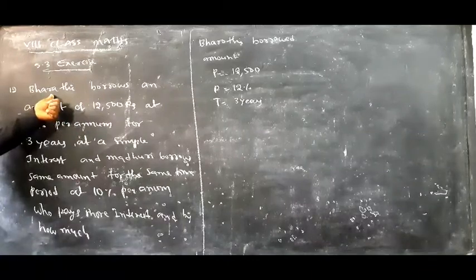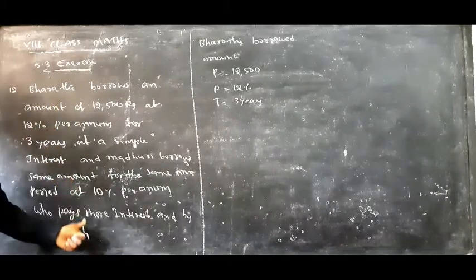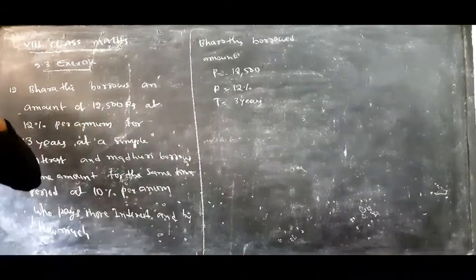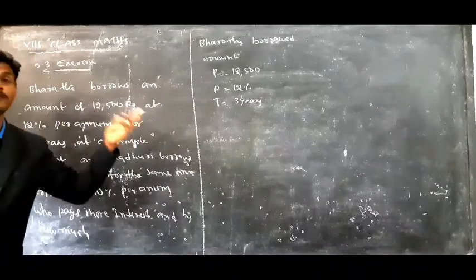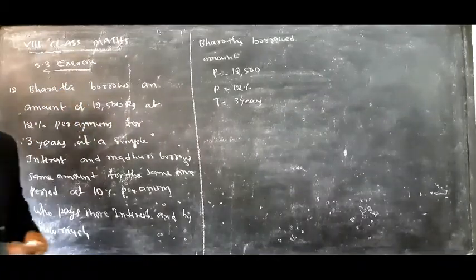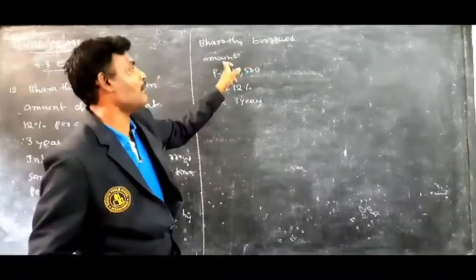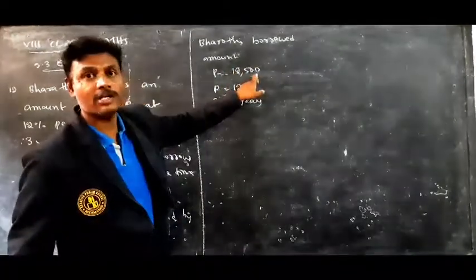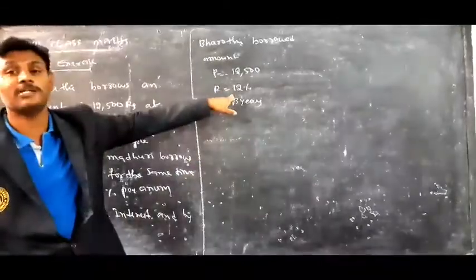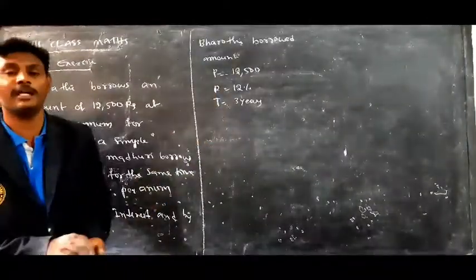Bharati pays the amount as simple interest and Madhuri pays as compound interest. Now you have to find the difference between the two interests. Bharati's principal amount is 12,500, the rate of interest is 12%, and the time period is 3 years.